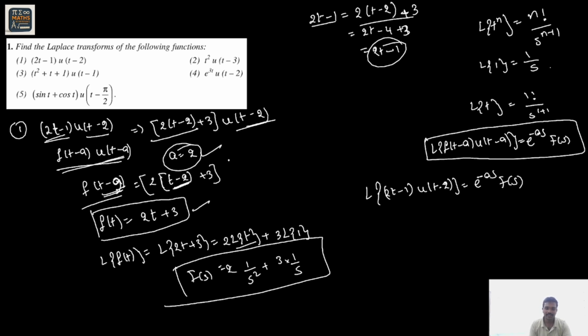From this, comparing, a value is 2. That means e to the power of minus 2s into f of s value, this term, 2 by s square plus 3 by s. This is the Laplace of 2t minus 1 into u of t minus 2 value.